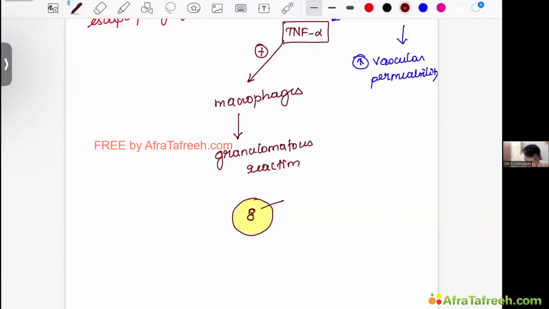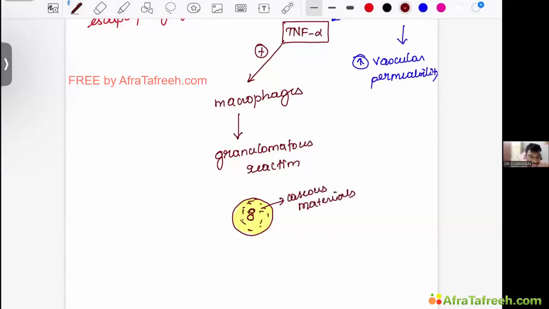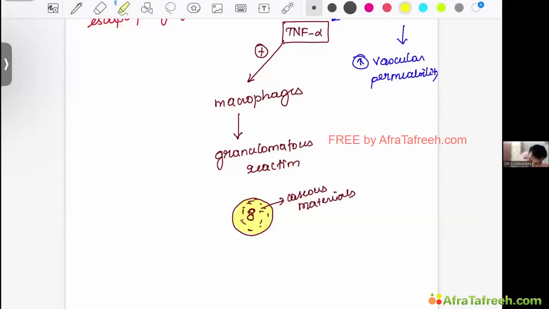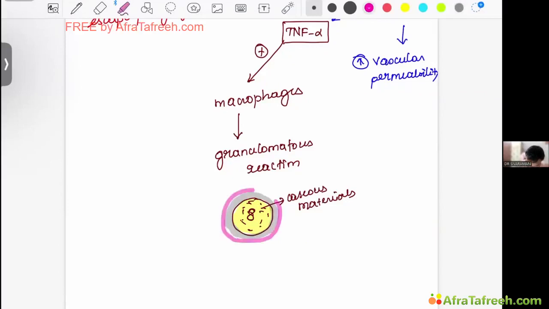This caseous necrosis has a lot of bacilli within it, and it is covered by a cap of activated macrophages, which is surrounded by a collar of Th1 lymphocytes.